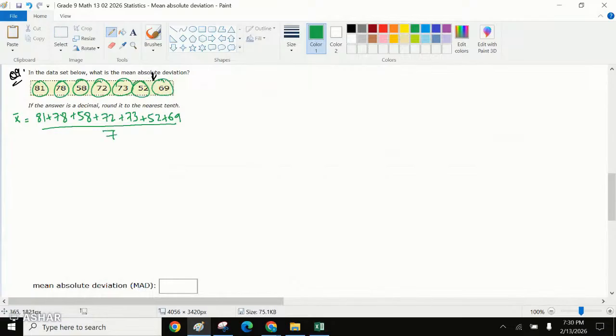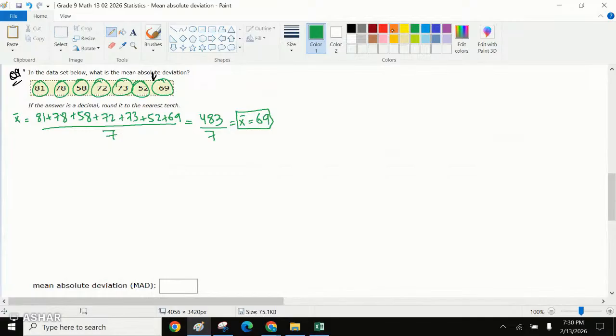So we write 81 plus 78, 58, 72, 73, 52, and 69. That comes out to be 483 divided by 7, and the mean comes out to be 69.